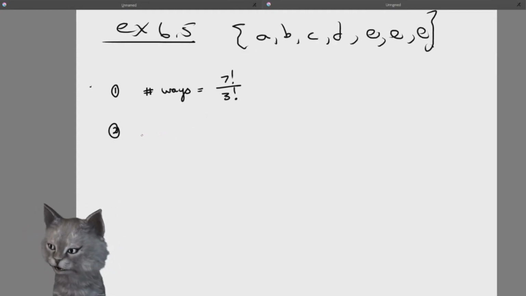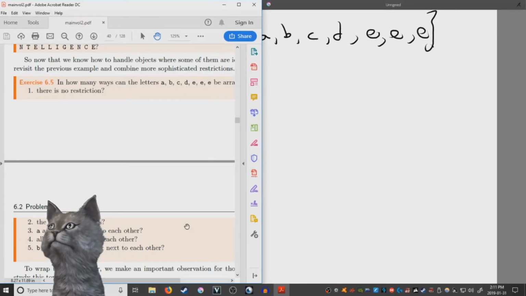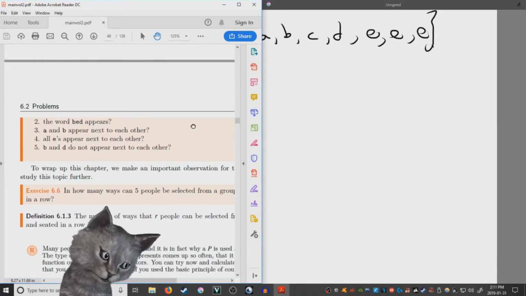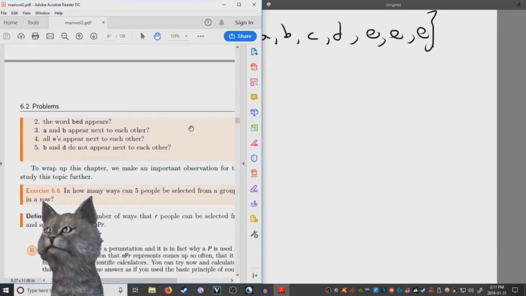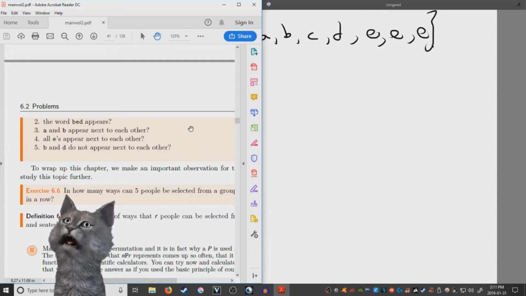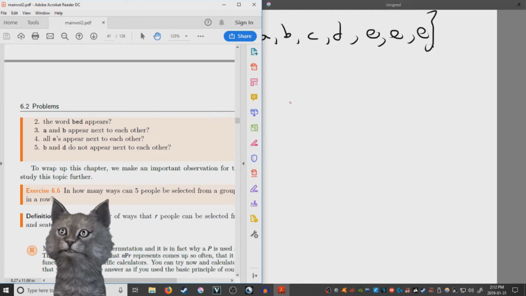Now I have to go and look what was my other restriction. Oh, I'm hiding behind it. Oops. Second one is the word bed appears. Maybe you're sleepy. Bed has to always appear.